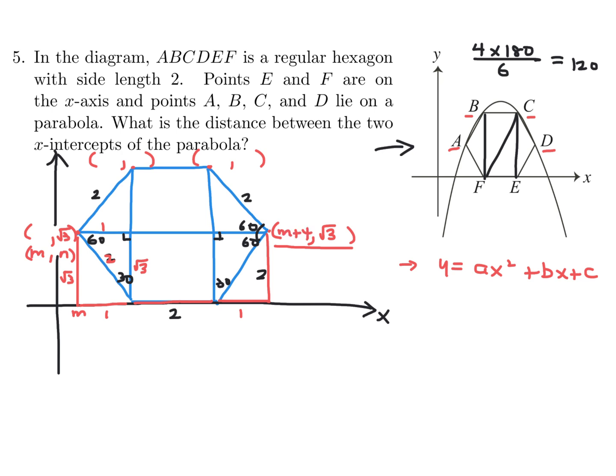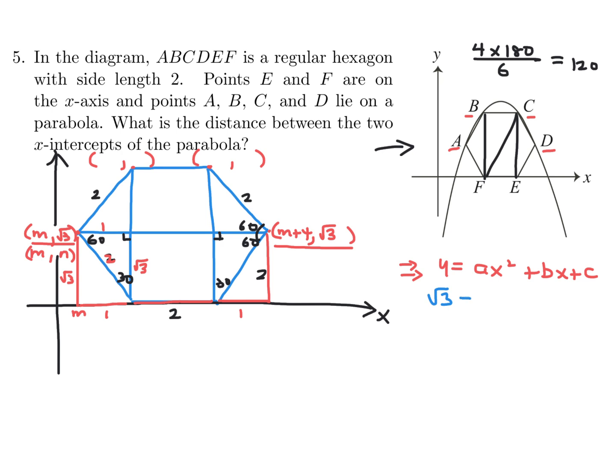Okay, so basically what I've done is I've said that this point and this point are (M, root 3) and (M plus 4, root 3). And we're going to sub those into there. And that hopefully will allow me to solve for M. And then I can kind of go from there. All right, let's do it. So root 3, let me think about this.